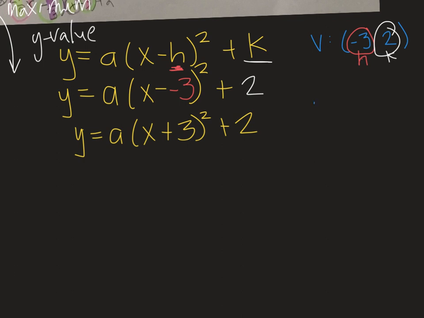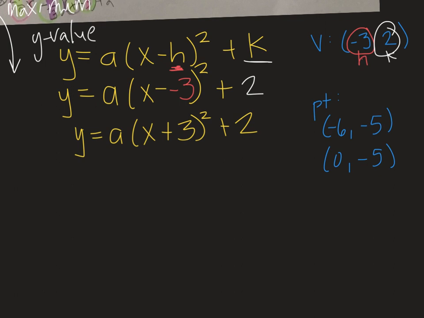So my points are negative 6, negative 5, and 0, negative 5. Now, it's your choice which one you want to do. Mathematically, smart thinking says plugging in 0 is easier, but you can definitely plug in this one and you'll get the same answer for A. It just may take another extra step.